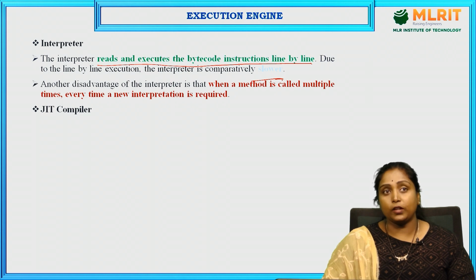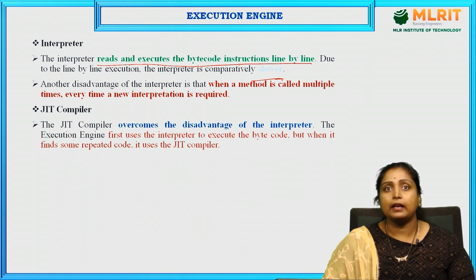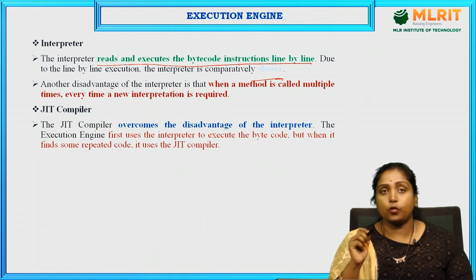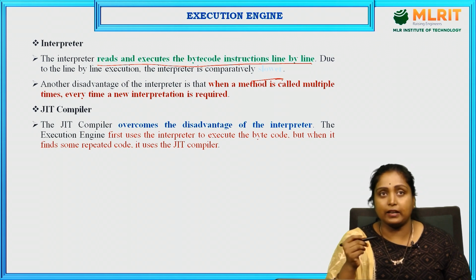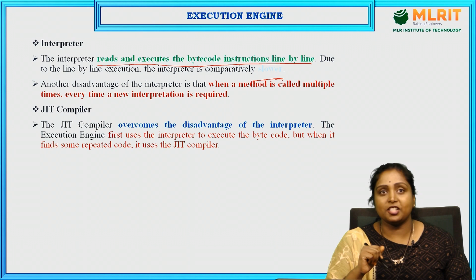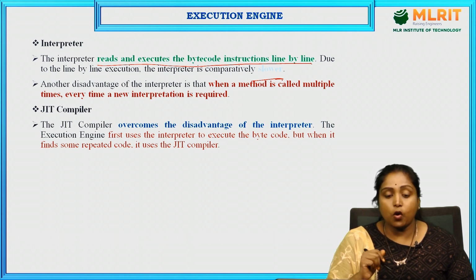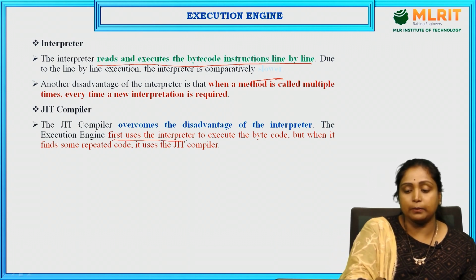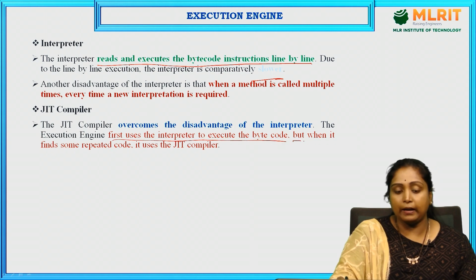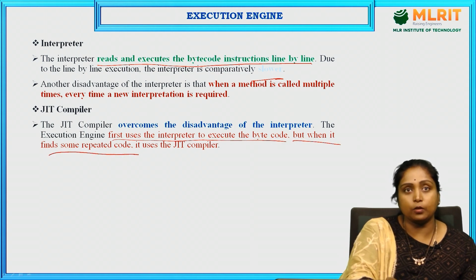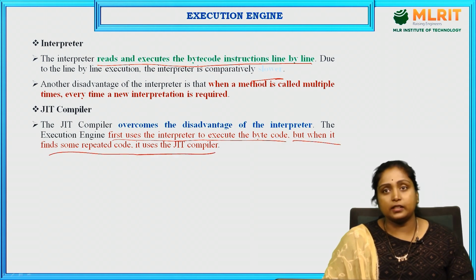Then what is the JIT compiler? Whatever disadvantages occurred in the interpreter are overcome by the JIT, the just-in-time compiler. First it uses the interpreter to execute the bytecode, but when it finds some repeated code, it uses the JIT compiler.